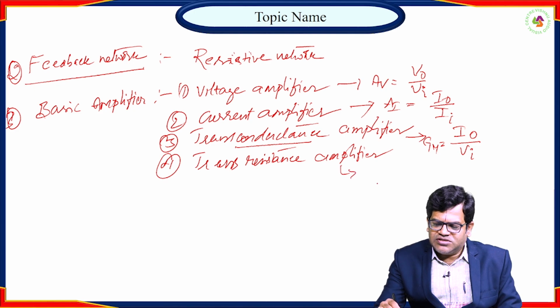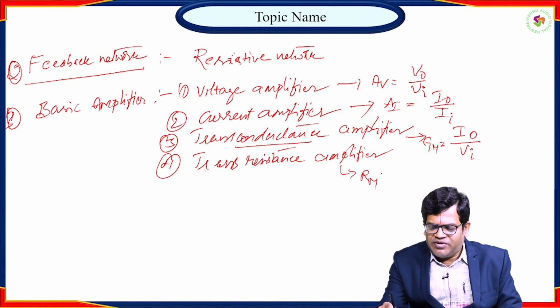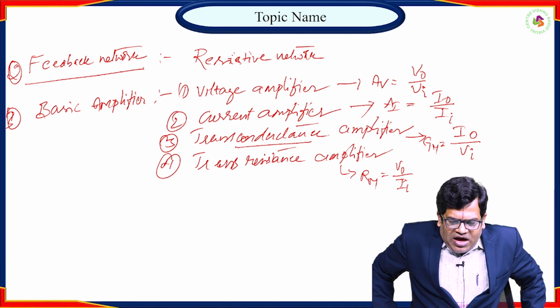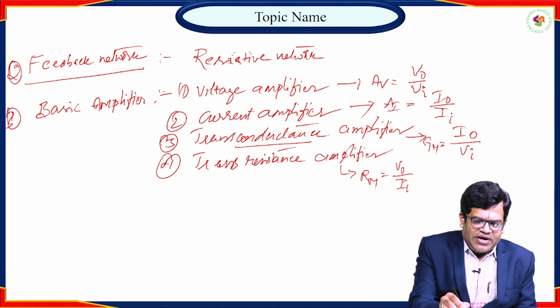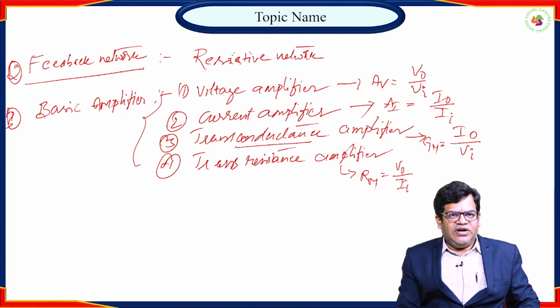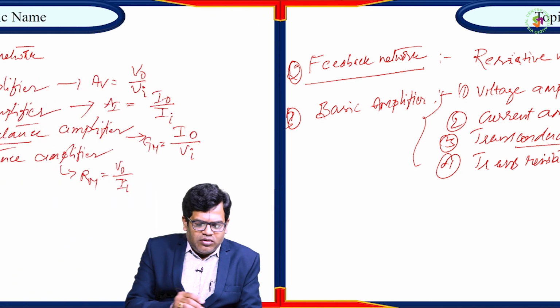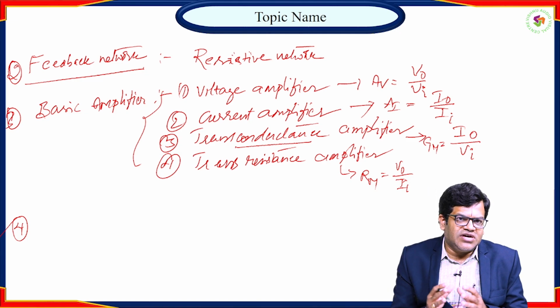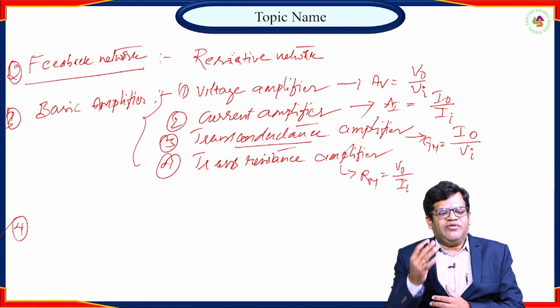Opposite to this case, you have the transresistance amplifier where the output is voltage and the input is current, right? Accordingly, we have these 4 basic kinds of amplifiers that can be utilized in the design of our feedback topologies.